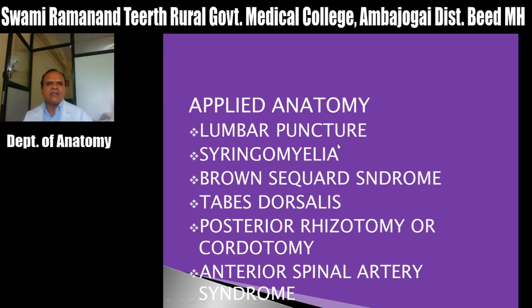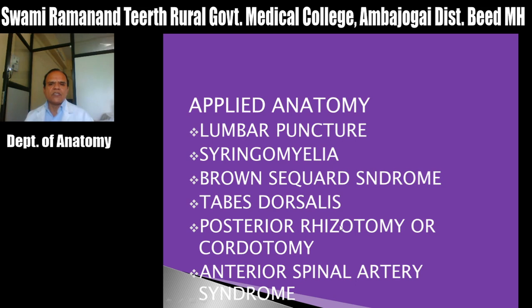And here syringomyelia is another abnormality, that is cavitation around the central canal. Then Brown-Sequard syndrome, which you can observe in detail in physiology also, isn't it? And then tabes dorsalis, particularly when the dorsal horn is involved by tertiary syphilis.